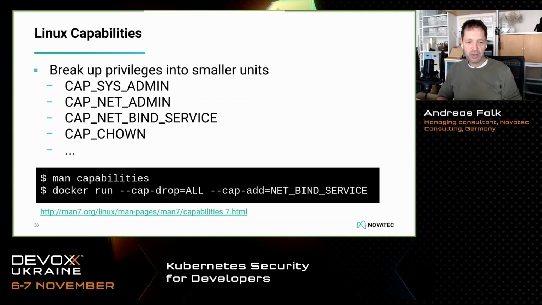And as you can imagine, you have, for example, an HTTP service that is run in Docker like Nginx or Apache that typically binds to port 80. For these applications to run inside Docker, you would need the net bind service capability at least, so it is possible to bind to port 80.